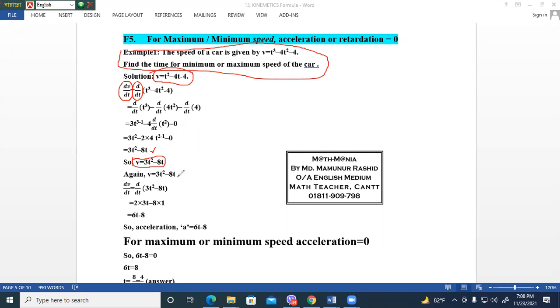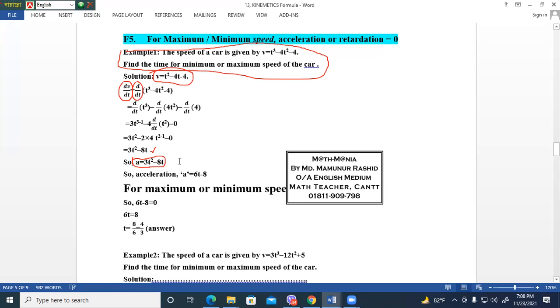Now find the time for minimum speed. For minimum speed, acceleration should be what? This is acceleration a.